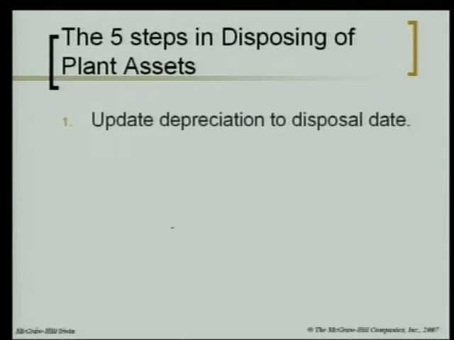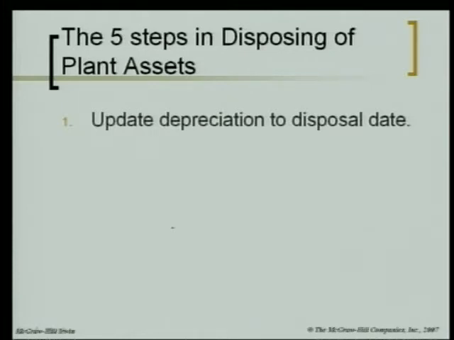That usually will involve some sort of partial year depreciation. But let's say at the end of June, we're going to junk an asset that we've had. We'll go ahead and depreciate those 6 months from January to June and record that journal entry. That's the first thing you need to do if it hasn't been done already. Make sense? First step is update depreciation to the disposal date.